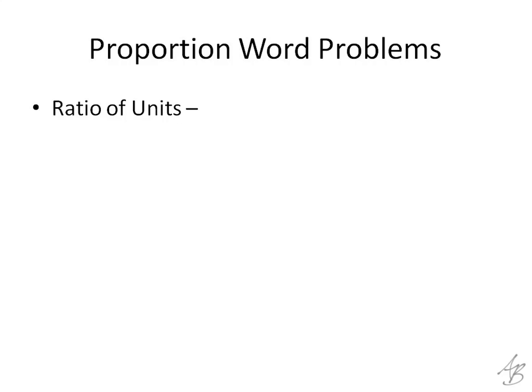A ratio of units is no different than any other ratio, except it has what in it? It's a comparison of what? Now, a ratio is a comparison of numbers. So it's a comparison of units. Okay, so give me some examples of units.